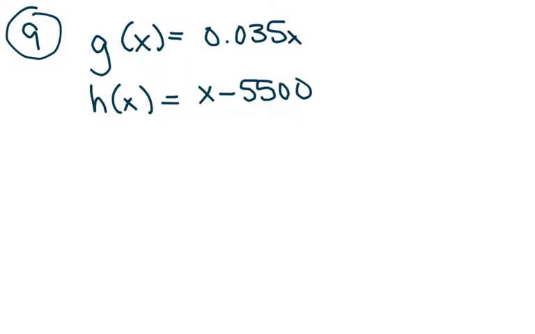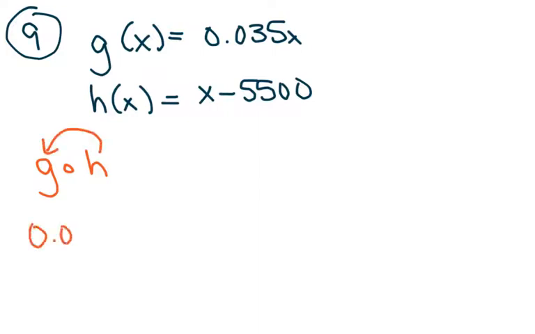So when it says write a composite function, it didn't tell me which direction. So for the sake of argument, I'm going to write both. So one direction could be g of h. Remember, that's pronounced g of h. That means plug h into g.